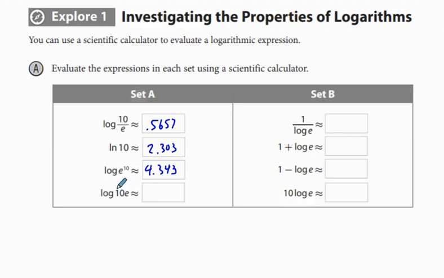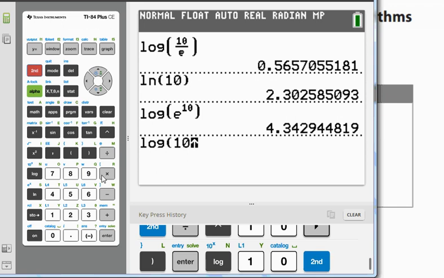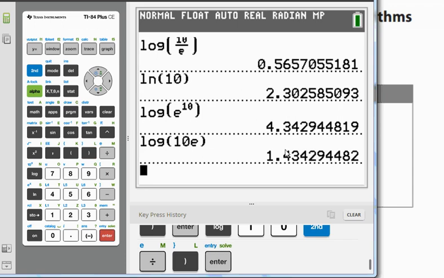And the last one we have here is log of 10 times e. So here we have it, log of 10 times e. For this, we get 1.434.